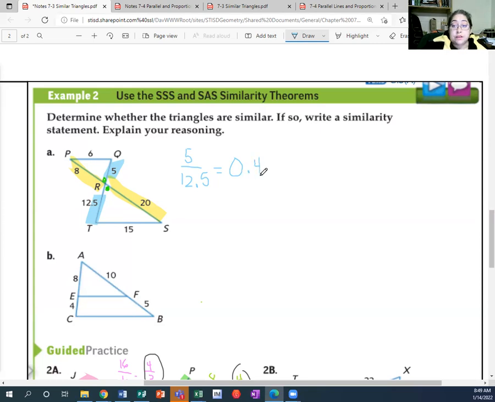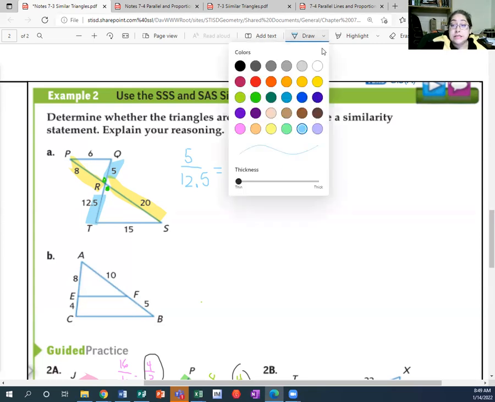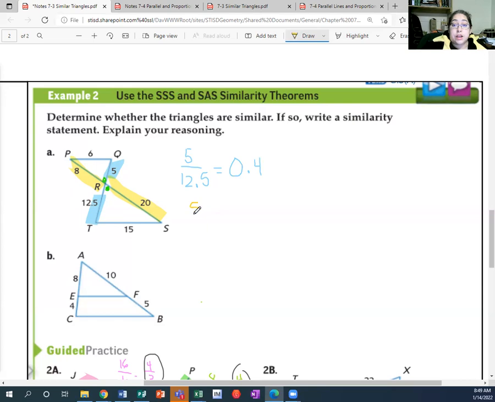I found my calculator. There it is, 0.4. We're happy. Going to do the next triangle. Triangle on the top's information divided by triangle on the bottom's information. Again, I'm going to go to my calculator to give me a decimal. And when I do that, I see that it's 0.4.